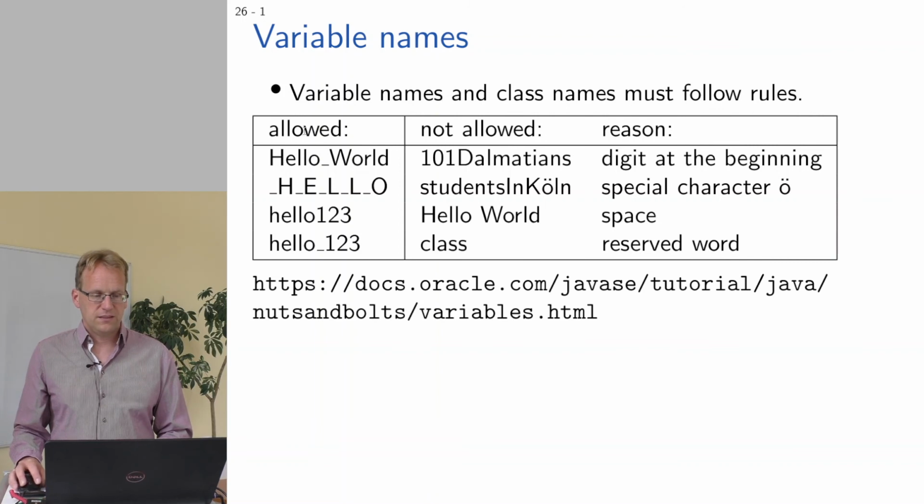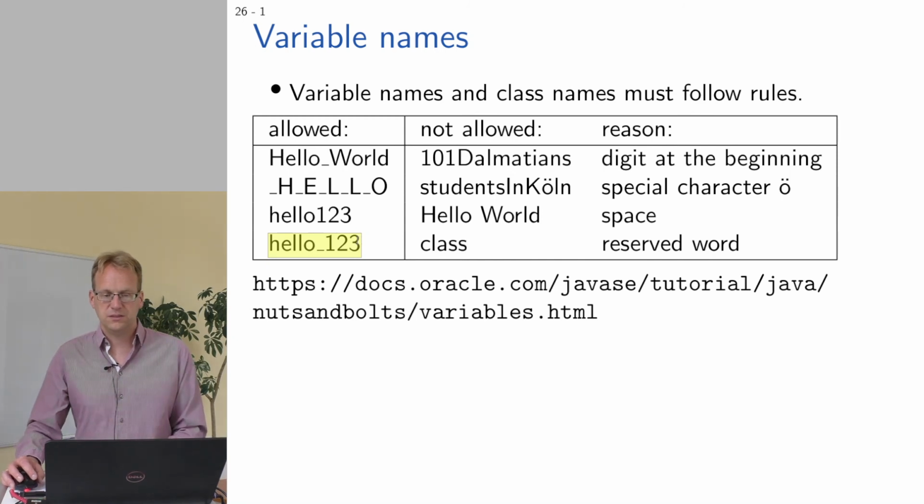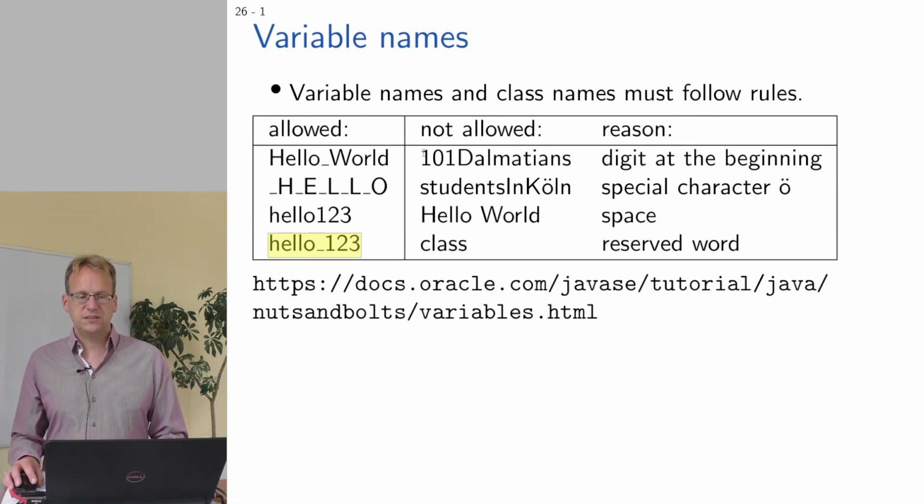For example, allowed is hello world with an underline, or we can also begin a variable name with an underline. We can also choose hello123 or hello_123. That's all possible. But what is not possible is to begin the name of a variable with a number, with a digit. So that's not possible.